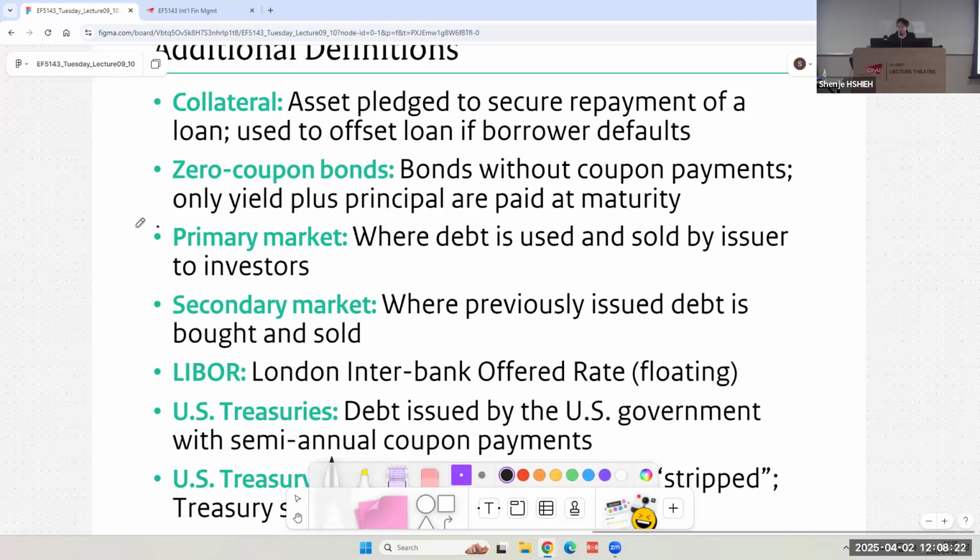Just like stocks, there is also a primary and secondary market. So for stocks, you have IPOs, right? Initial public offerings as the primary market. That's the initial creation of securities, equity securities. For bonds, it's the same thing. Instead of being issued on the open market, bonds are auctioned off in a first best price auction.